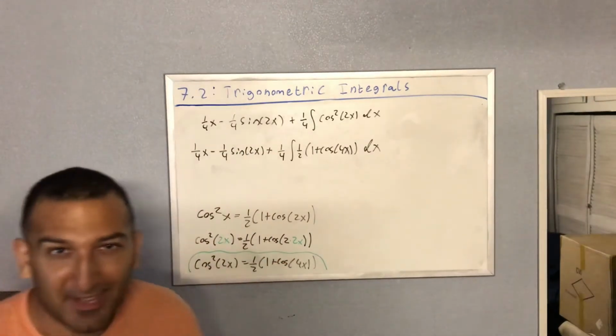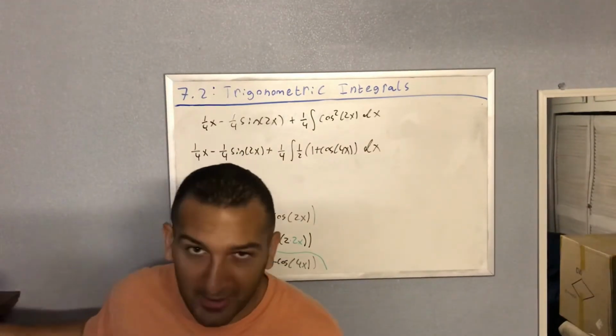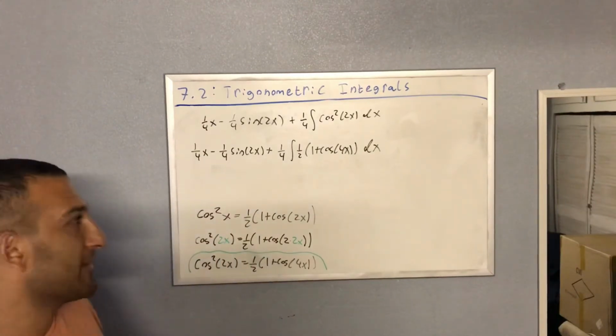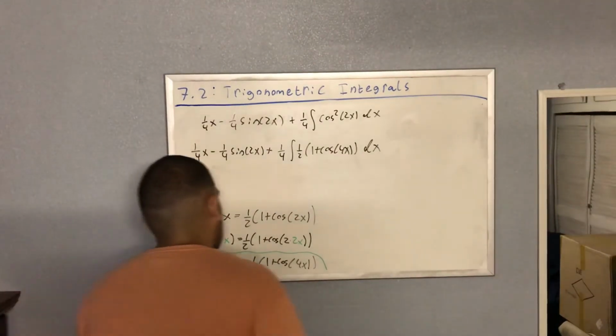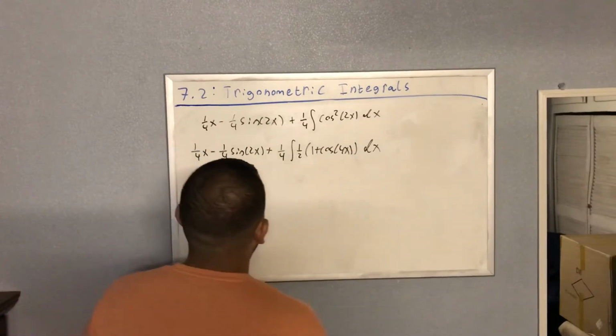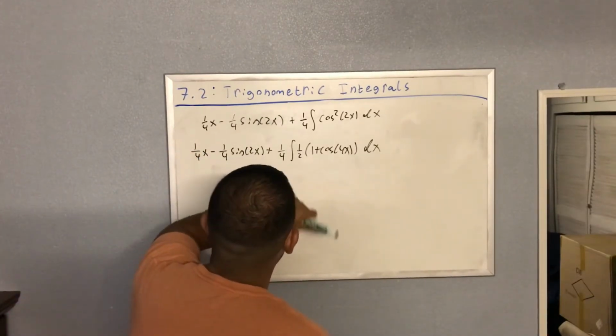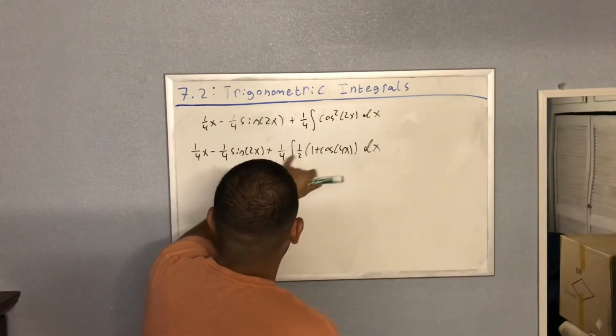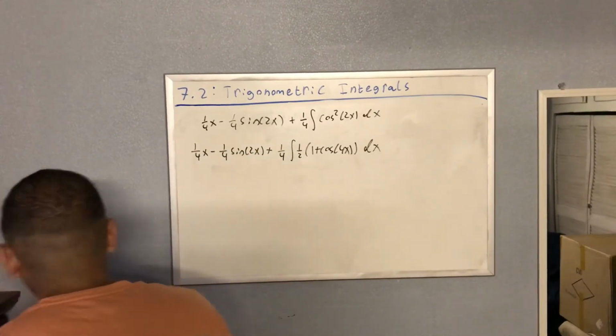I told you things would get lengthier and lengthier. So we're just going to keep redefining what is lengthy and what is not lengthy. And so again, this 1/2 will float in front of the 1 out, and so 1/4 times 1/2 will give us a 1/8.